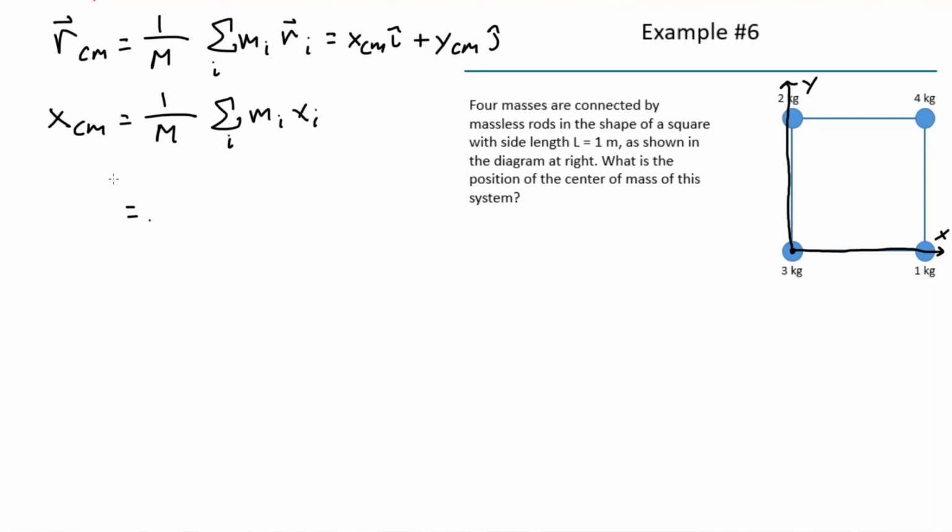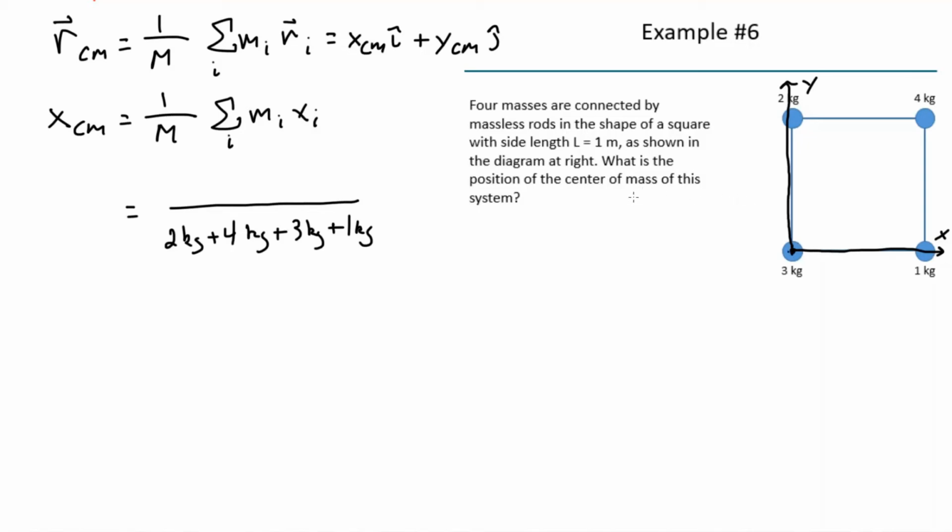Well, m is the total mass of the system. So this is 1 over 2 kilograms plus 4 kilograms plus 3 kilograms plus 1 kilogram. I add up all the masses. And in the numerator here, well, I multiply each mass by its x coordinate. So this square has a side length of 1 meter.